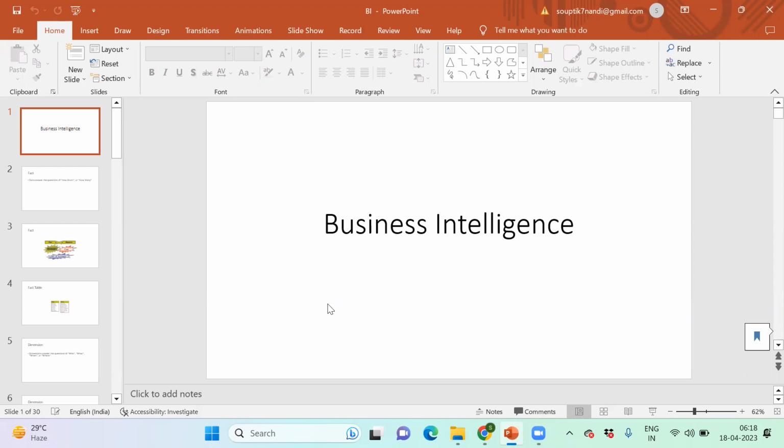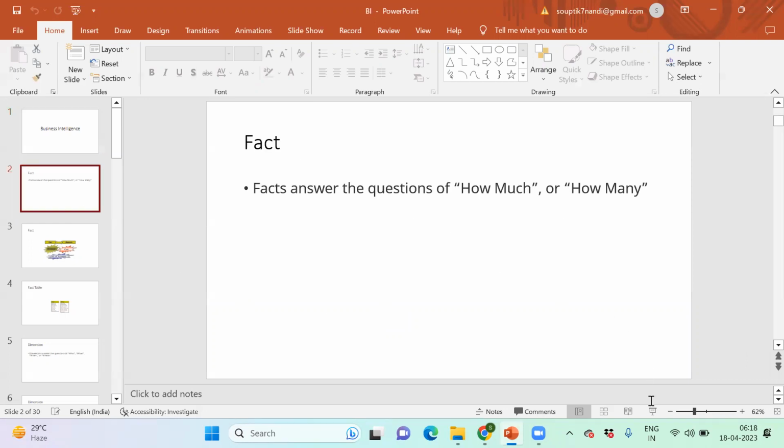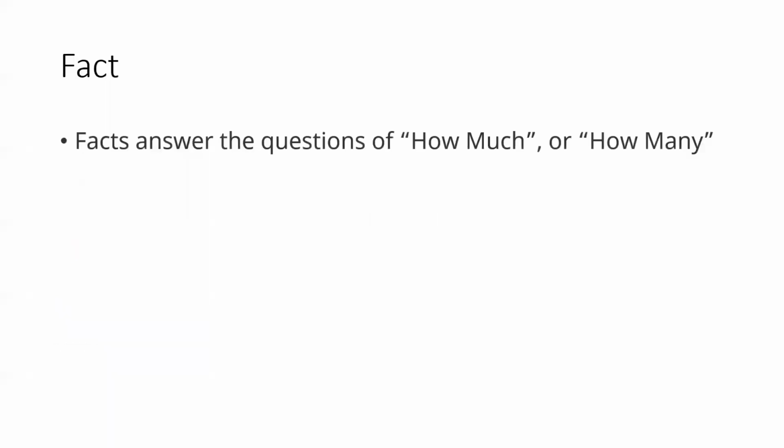First of all, I just want to take a quick look at fact and dimension again. We covered that in the last session, so just a quick recap before we start. So far we have already created the meaningful data.